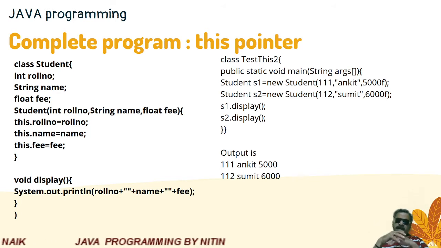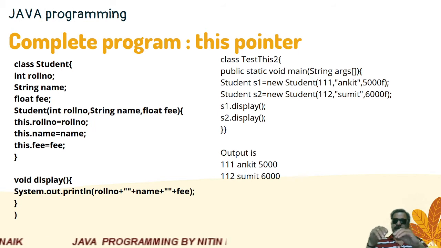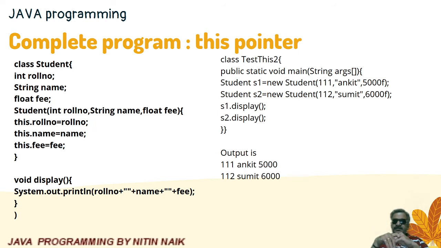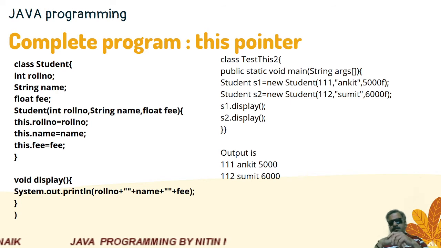Once you pass the parameters, the s1 object is created, some memory is reserved for that s1 object, and the values of member variables, roll number, name and fee, are 111, Ankit, 5000 F, that is F means float, and s2 is equal to new Student of 112, Sumit, 6000 F, and then I have written s1 dot display and s2 dot display.